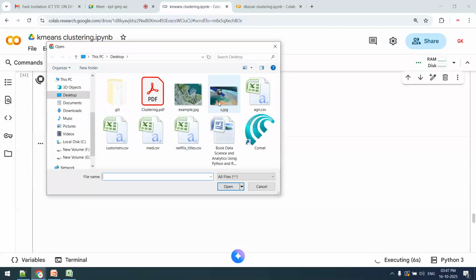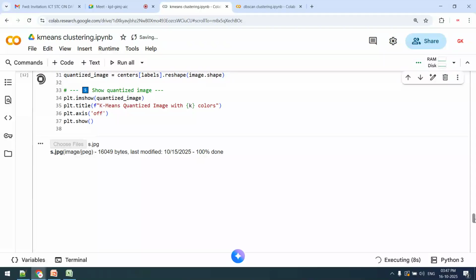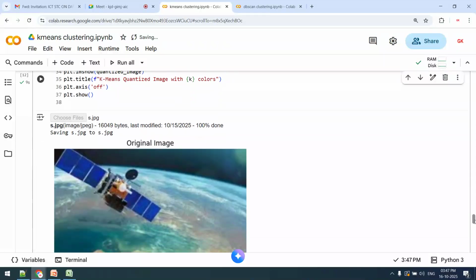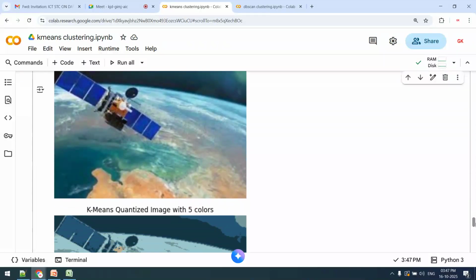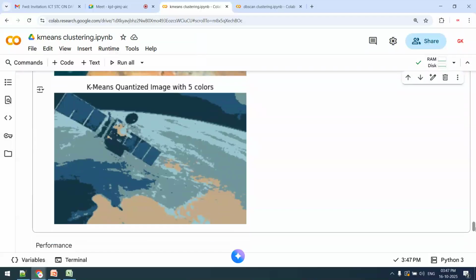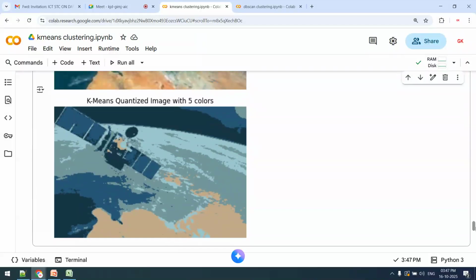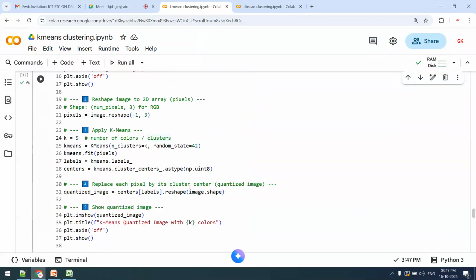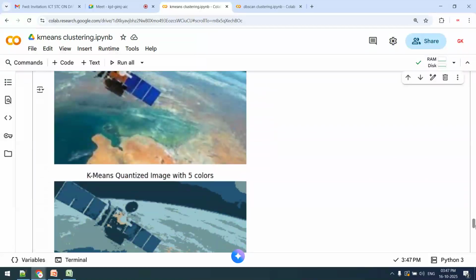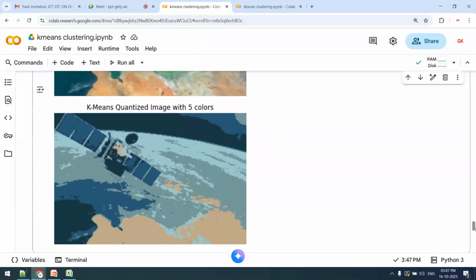So we come to know which technique is deployed behind image processing. You can see image quantized with 5 colors. If I want to reduce it to 3 colors or 4 colors or any specific number of colors, I can.